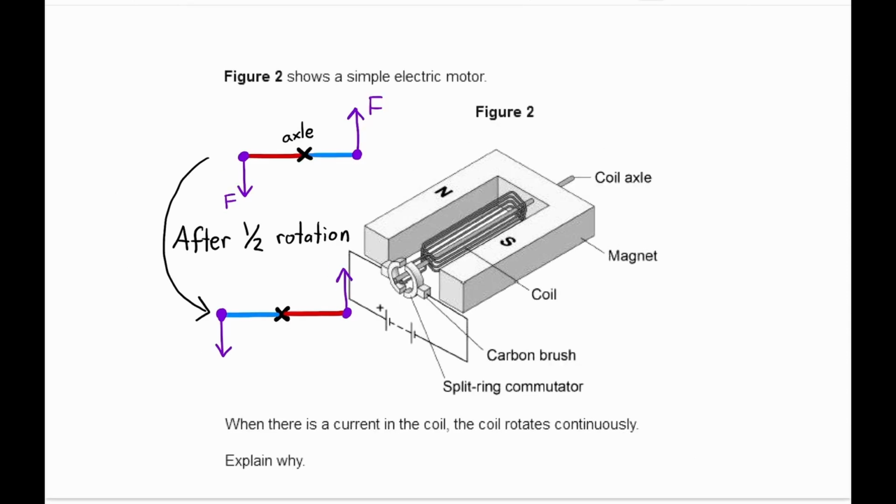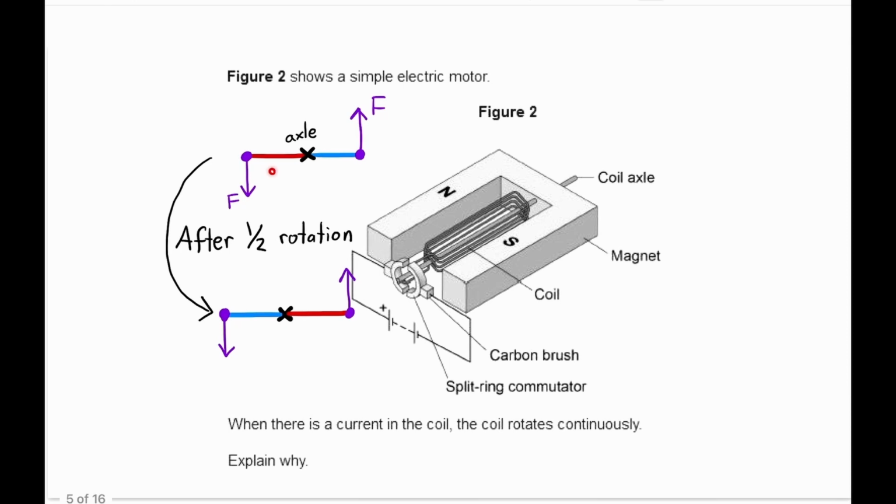The constant reversal of current every half rotation allows forces to flip appropriately, meaning the coil can now make full, continuous rotations instead of simply repeated half rotations. If you're curious about why force acts in this direction, you can use Fleming's left-hand rule to work it out.